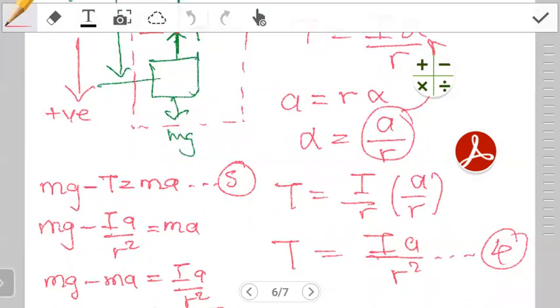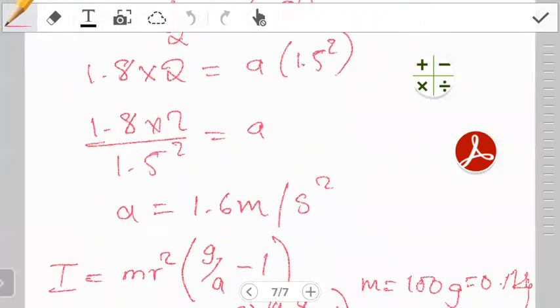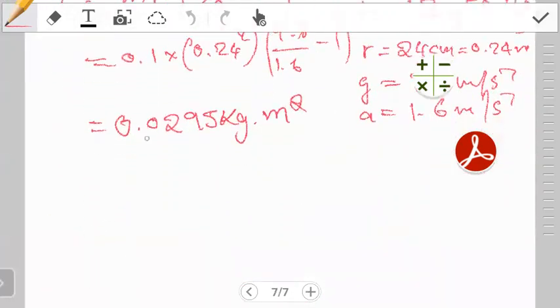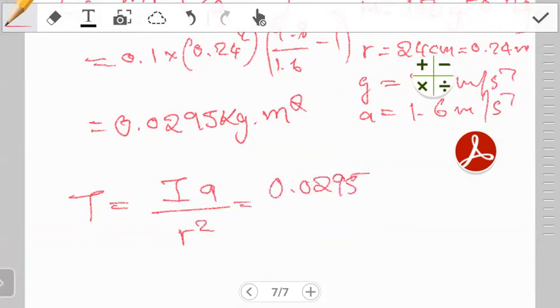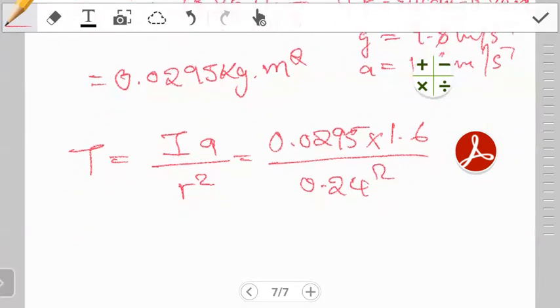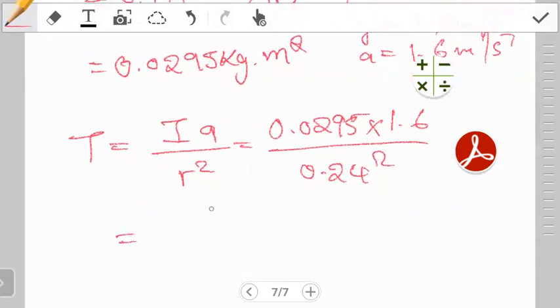So the moment of inertia is 0.0295. Multiply this by 1.6, then divide by the radius squared. The radius was given to us as 0.24, so this is 0.24 squared. When you do this, you should be able to get your tension.